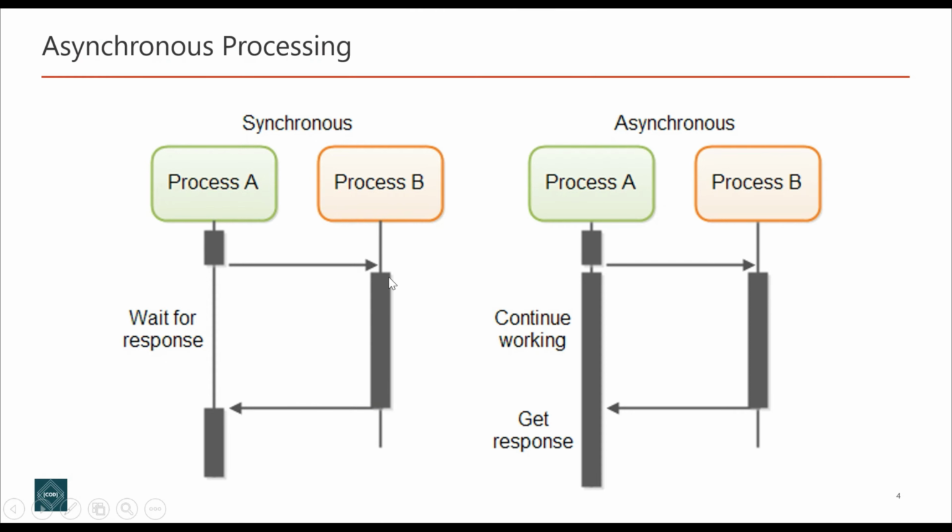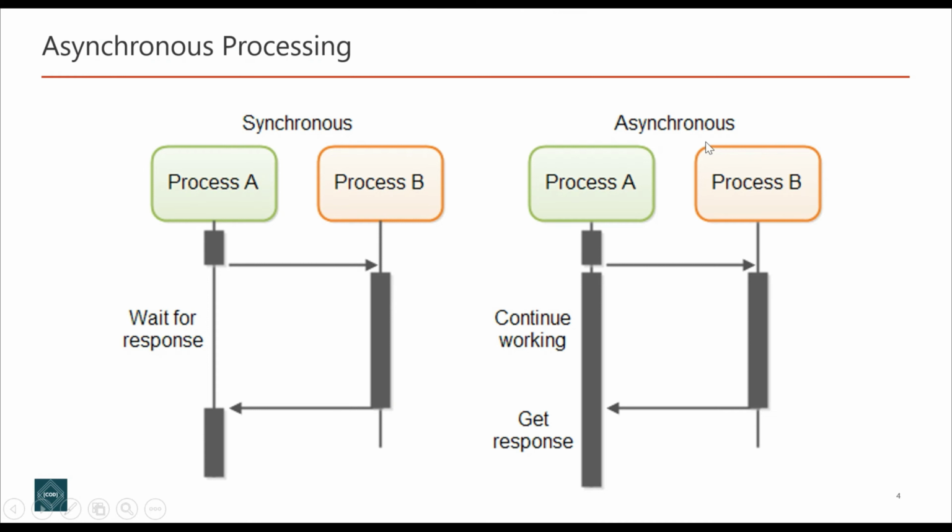Now this process B may be a database operation, or an IO operation, or a network call, where this process A thread will keep waiting for the response. Once this job is done, only then can thread A take some other task to perform. That means we are wasting the time of the thread for so long waiting for the response from process B.